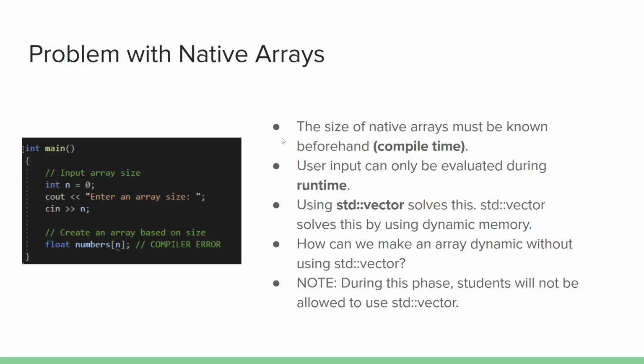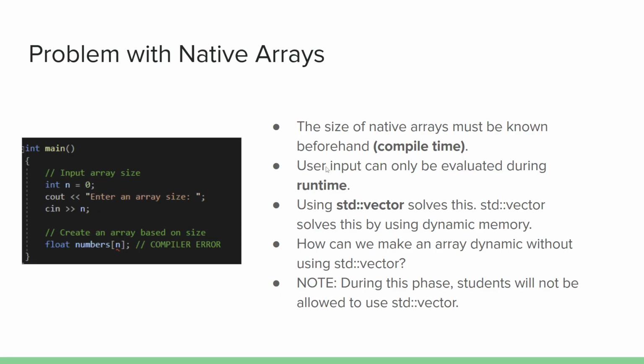So, using dynamic memory. The problem with native arrays is that we can't actually give a dynamic size for the array. We can only give a size beforehand, during compile time. User input can only be evaluated during runtime.